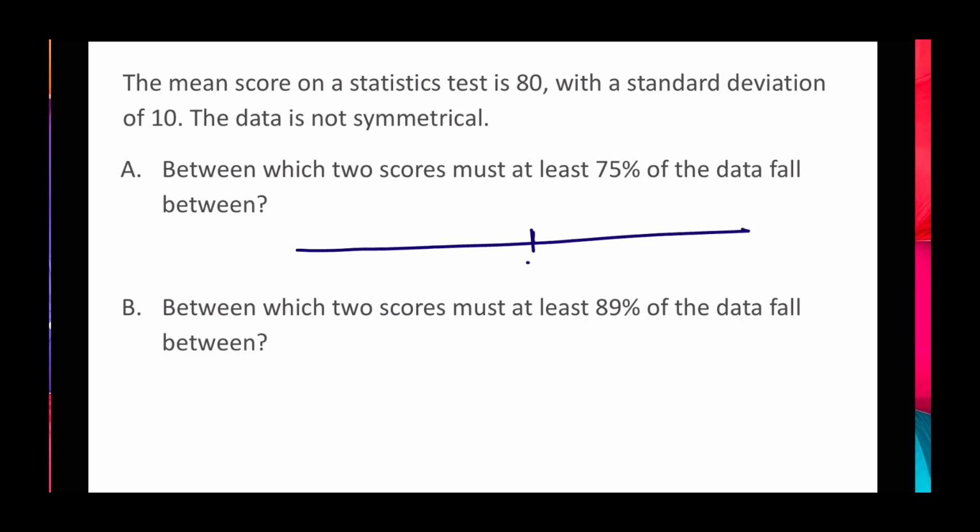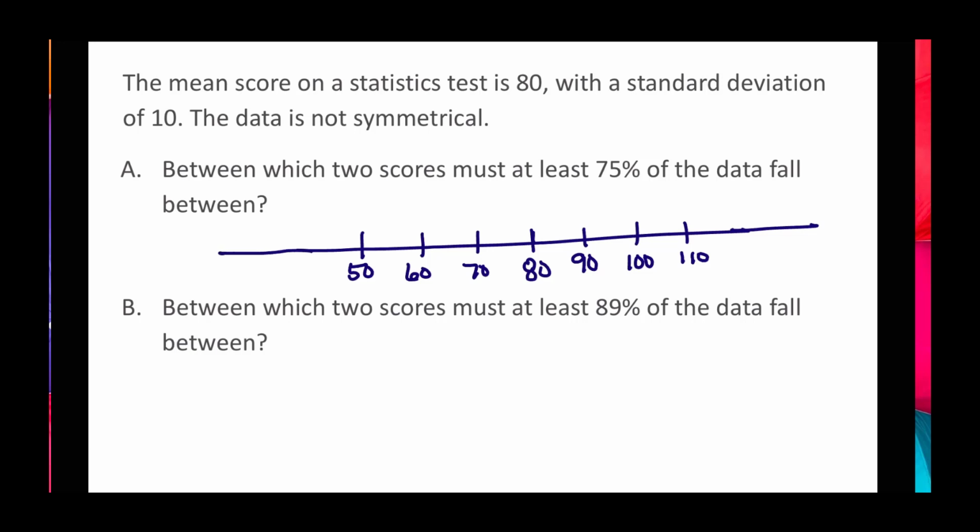Okay, so here we go. If 80 is in the middle and we go up 10, that'd be 90. 10 more would be 100. 10 more would be 110. I can keep going to 4.5, but I don't think I have to do that here. If we go down, that'd be 70, 60, 50. I'm going to go ahead and do the 4s.